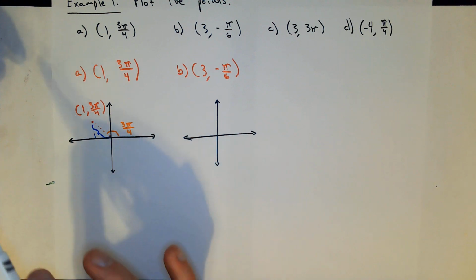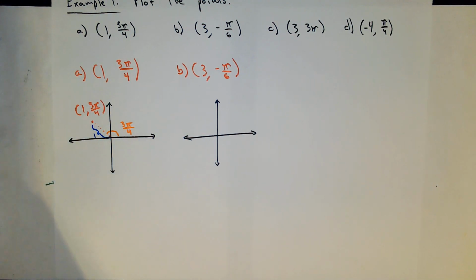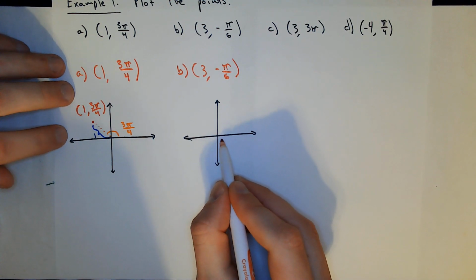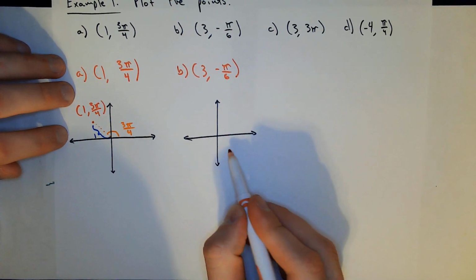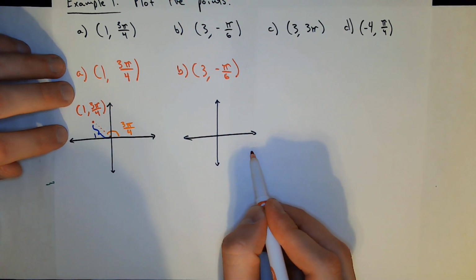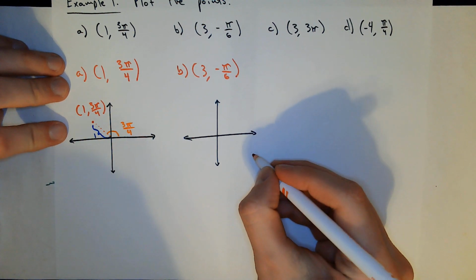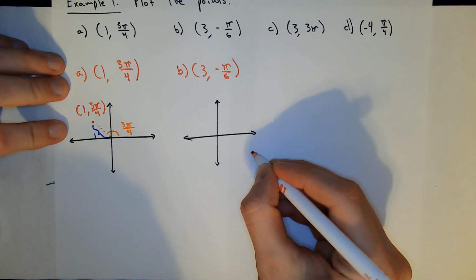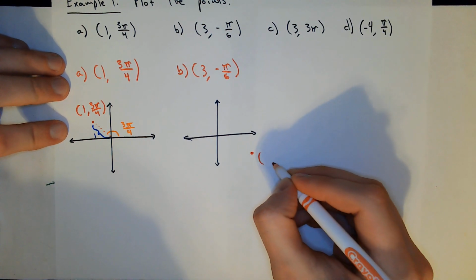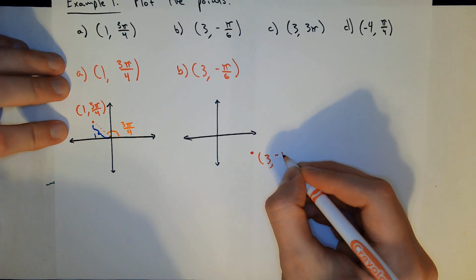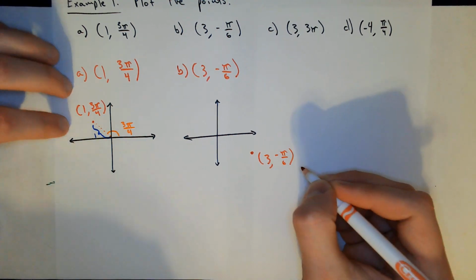The angle is negative pi on 6, so I know that's going clockwise, but not by much, right? Negative pi on 6 is like negative 30 degrees, so somewhere down here, and it's a distance of 3 away, which is further than this, but I'm not going to try and draw everything to scale. So I'm just going to put it out here and say, yep, that looks about right, 3 comma negative pi on 6.